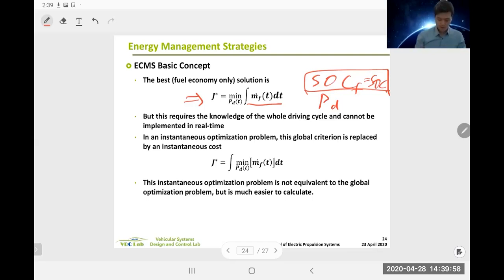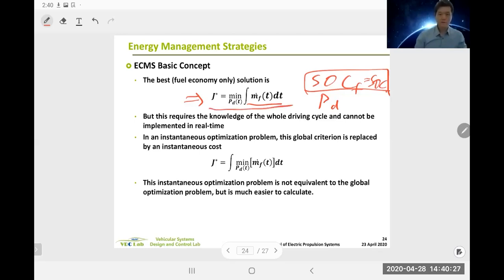Plus, if we can focus on instantaneous optimization, then we can solve this more efficiently, right? So ideally, we are supposed to compute the future cost properly and then minimize the total cost like this.